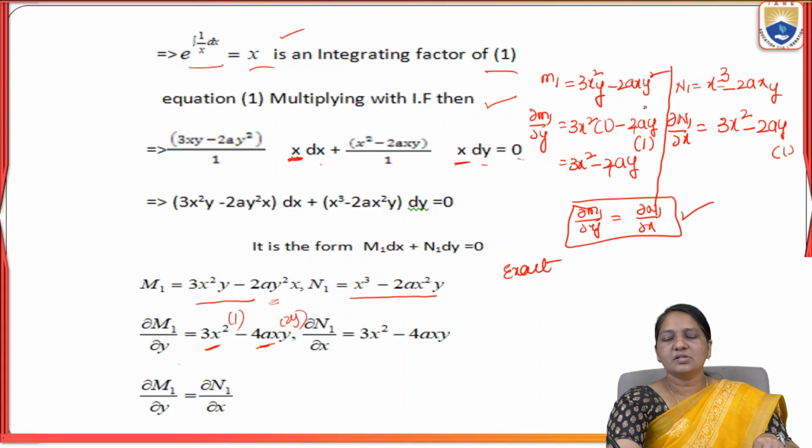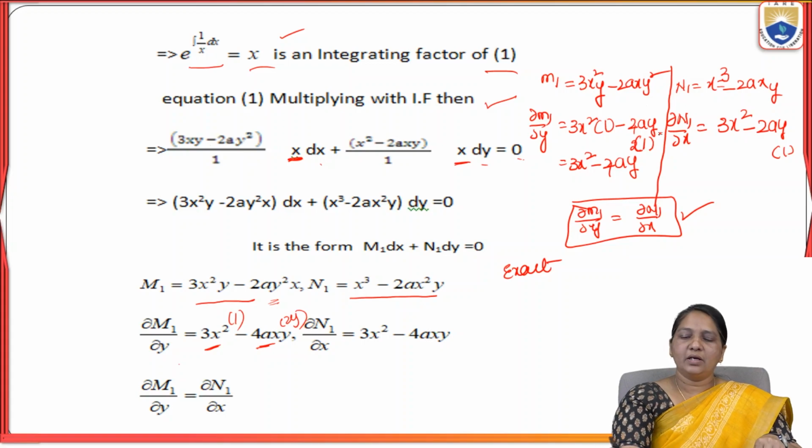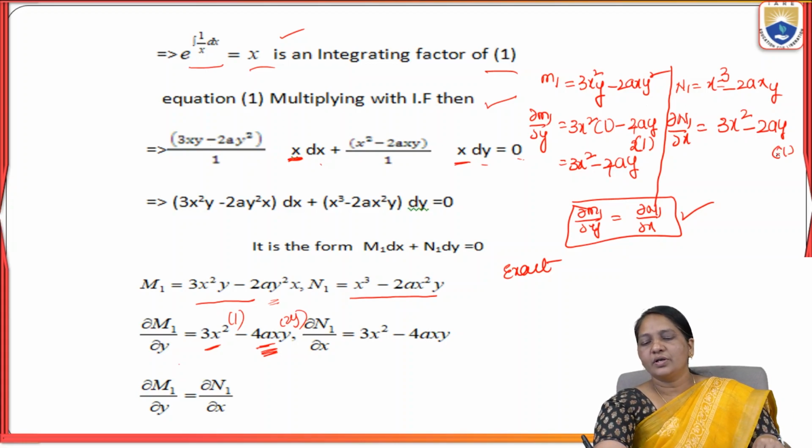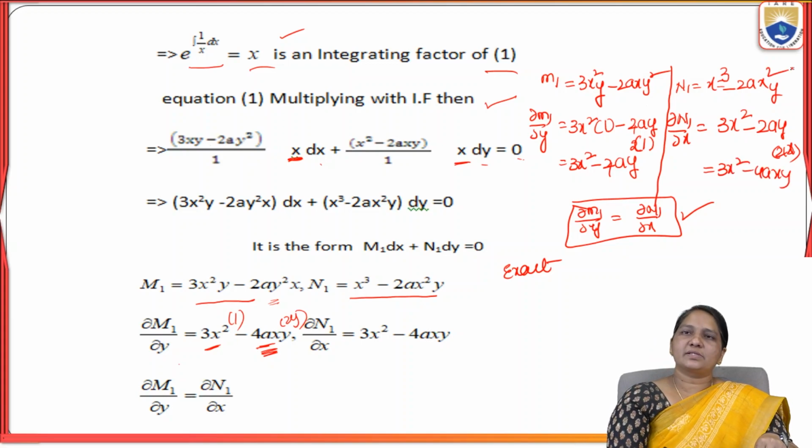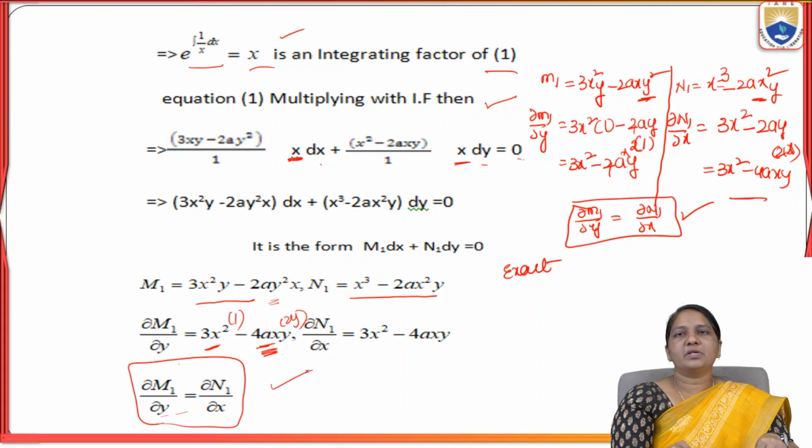So finally this is 3x square minus 4axy. Here y square is there, here x square is there. That's why we got 3x square minus 4axy here, and here also 3x square minus 4axy. We got both values equal. That means this is the exact differential equation.